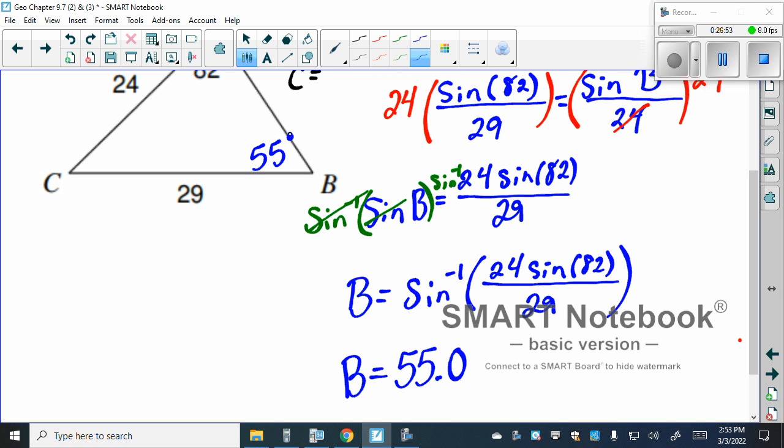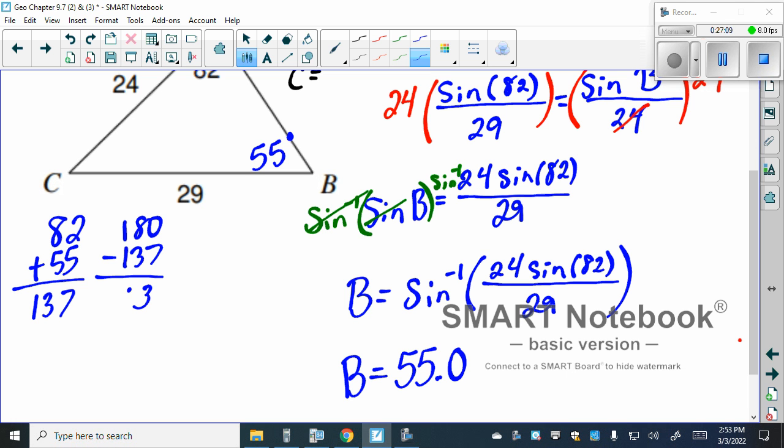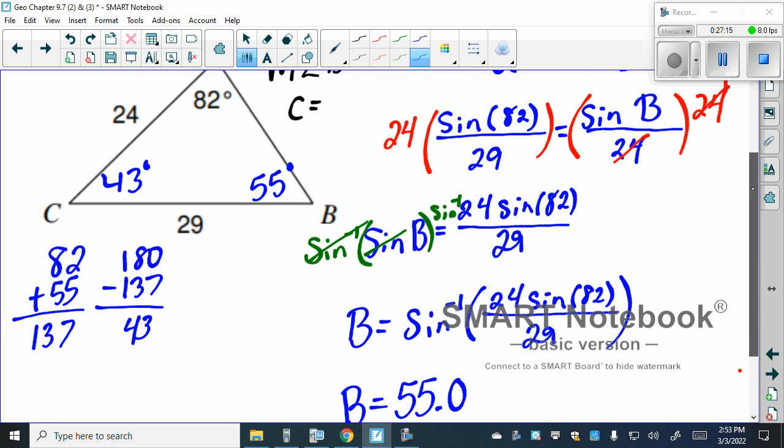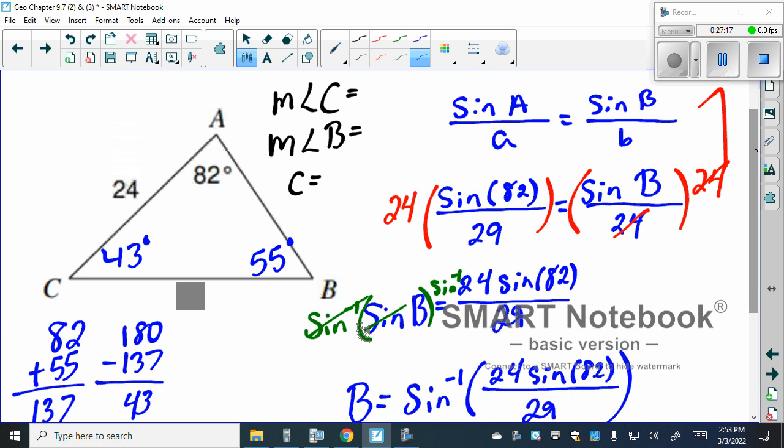So we can actually add them together, which would tell us that this is 43 degrees. Any questions on this here?